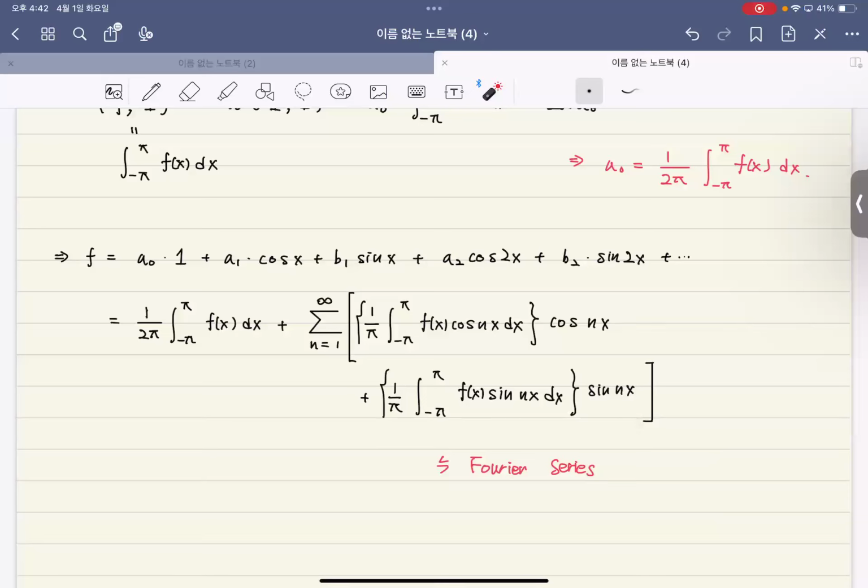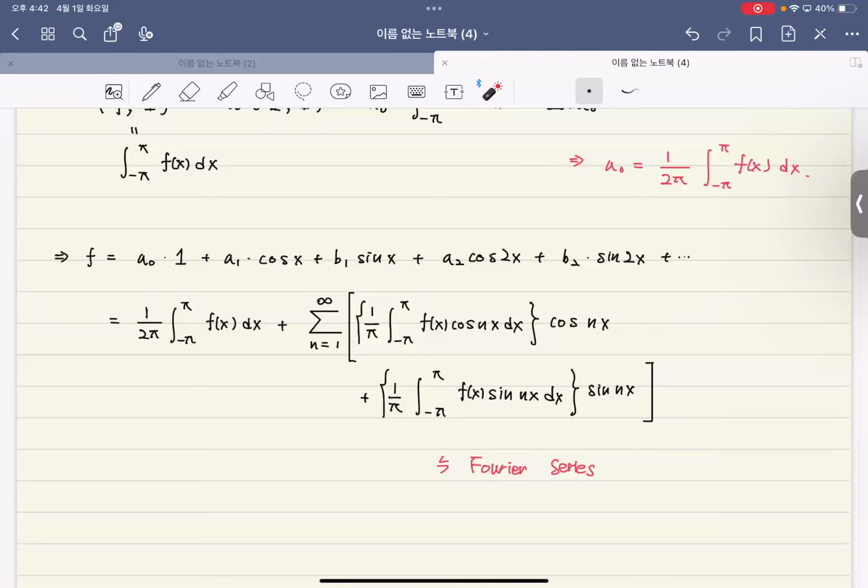So you are decomposing a function in the time domain into a function in the frequency domain. Just looking at these numbers, you can determine which frequency is contributing the most to your original signal.